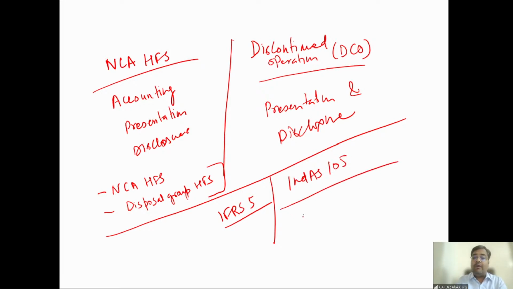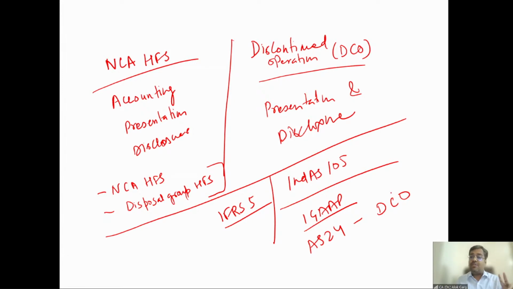In our old accounting standards, IGAP, there was AS 24, which was only talking about discontinuing operations. But as far as non-current asset held for sale, this situation was always there. Many companies used to sell their non-current assets, right? But there was no separate standard under IGAP which takes care of non-current asset held for sale.